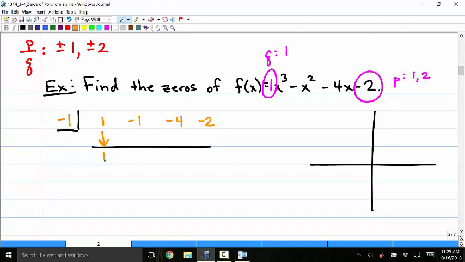Drop it down. 1 times -1 is -1. -1 plus -1 is -2. -2 times the box, -1 is 2. -4 plus 2 is -2. -2 times -1 is 2. -2 plus 2 is 0. Yes, -1 was a 0.